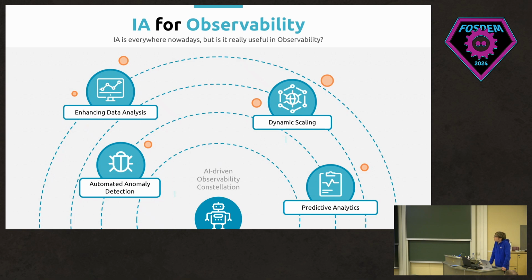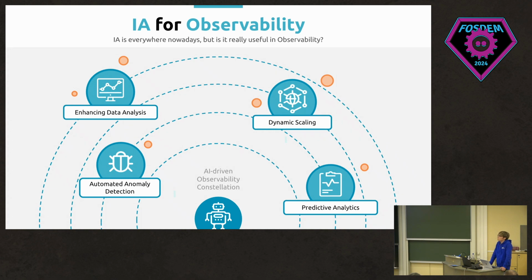But now I would like to talk about AI, because AI nowadays is everywhere. Marketing guy's fault. But is it really useful for observability? Well, the quick answer is yes, totally. AI provides observability with the capacity to create enhanced data analysis, automated anomaly detection, and dynamic scaling for our cloud.